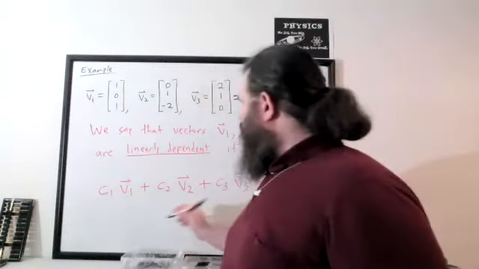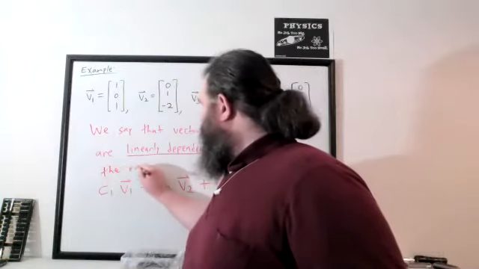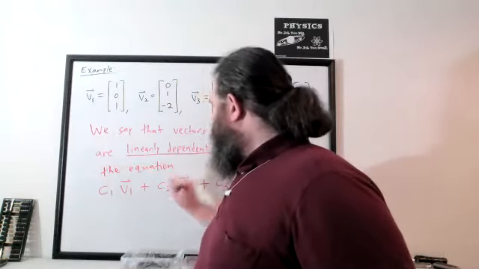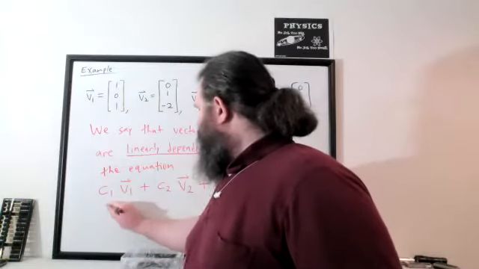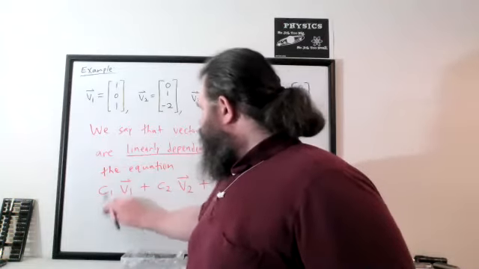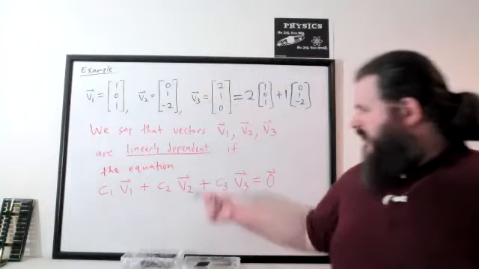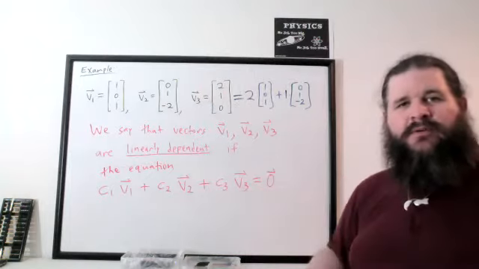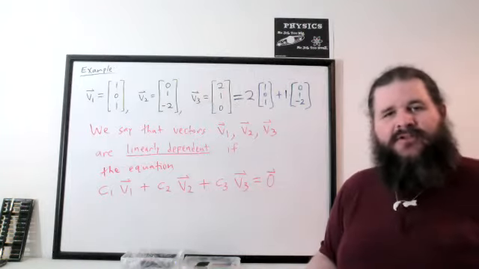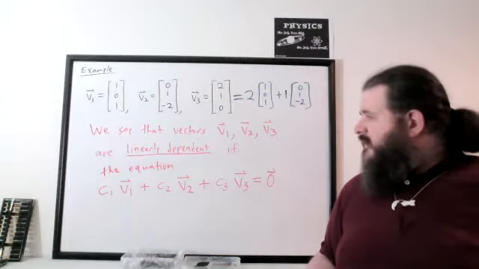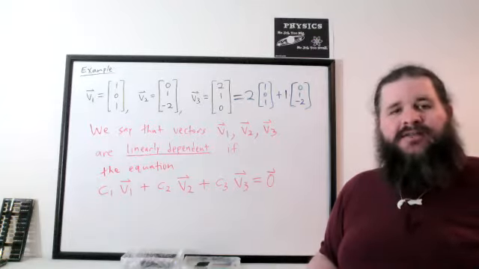If you treat this as an equation, what we want to check is not just, is this possible? Because we know this equation is always possible if we cheat and use 0 as all the C values. What we want to ask is, does this equation have any non-zero solutions?